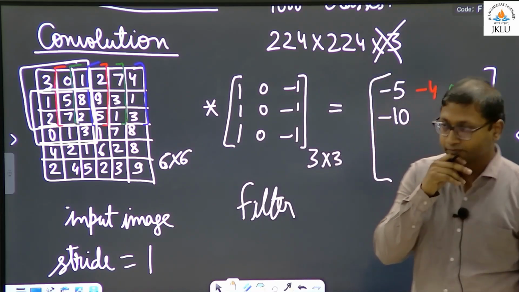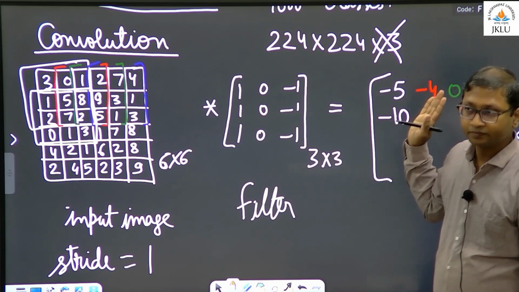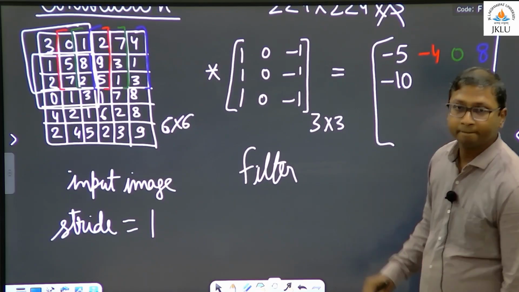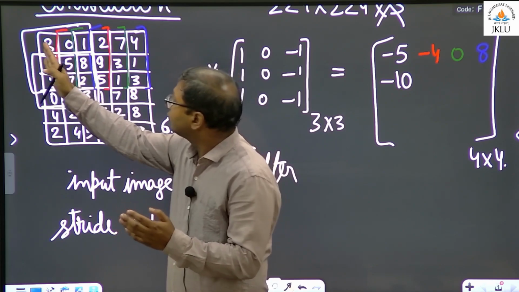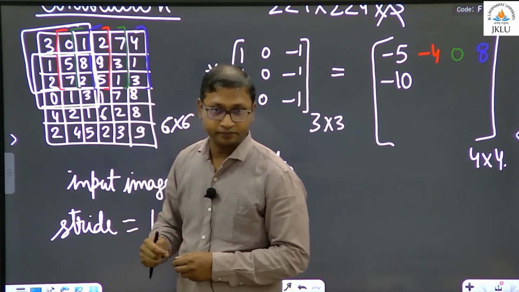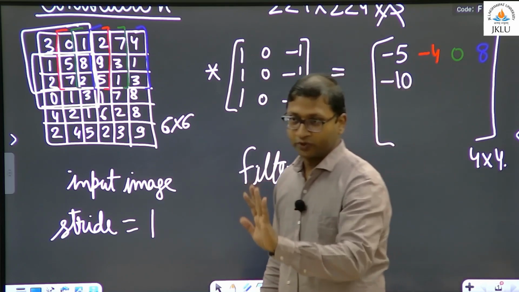Right? So is this operation fine? Okay. Stride is 1. But who said you will skip just 1? You could have skipped 2, 3, 4 and so on. We'll come to these things.